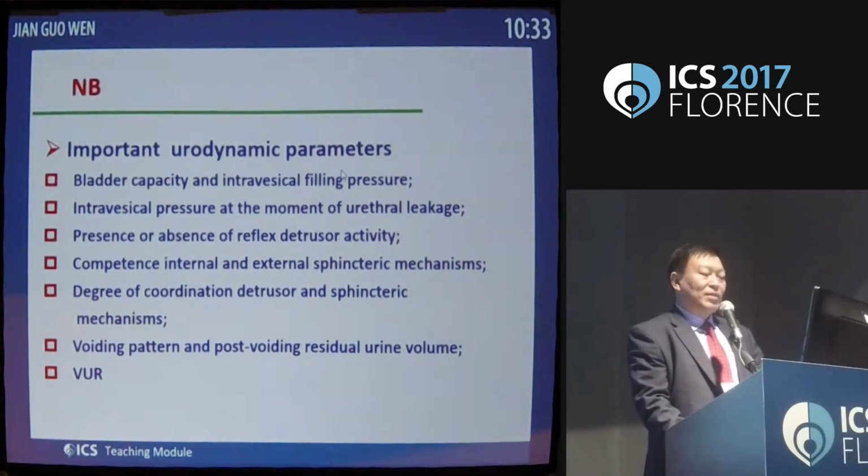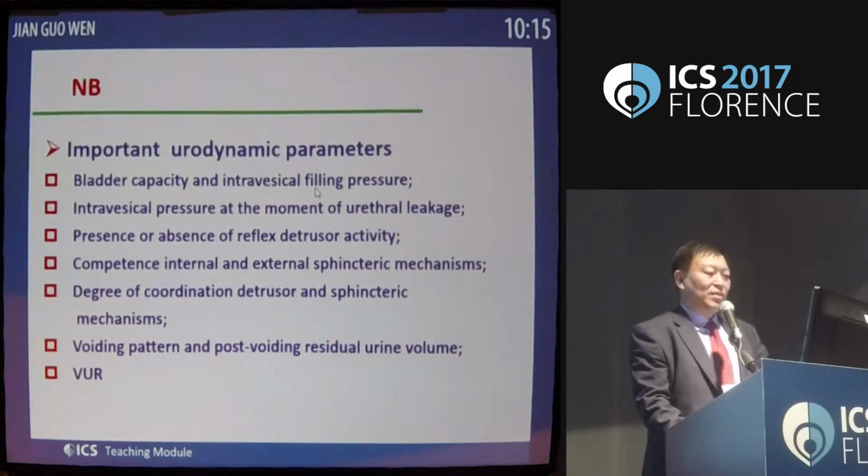In the urodynamic study, the most important parameters include the bladder capacity and also the filling pressure, especially before voiding. The end-of-filling pressure is most important to protect the renal function.